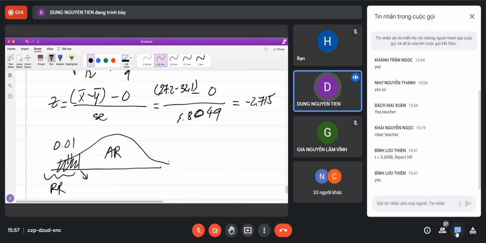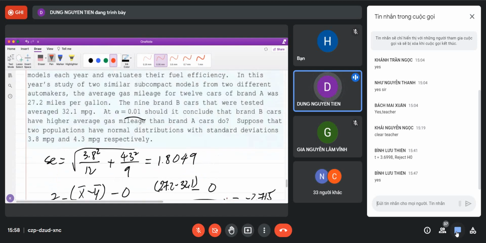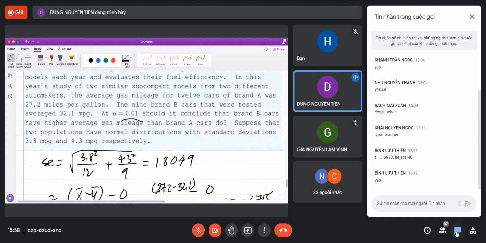You can use the standard normal distribution to determine the critical point in this case, which is minus 2.33. The value z belongs to the rejection region, so we can reject the null hypothesis. Is that all clear? Is that okay, everybody? So we have enough evidence to conclude that brand vehicles have higher average car mileage.